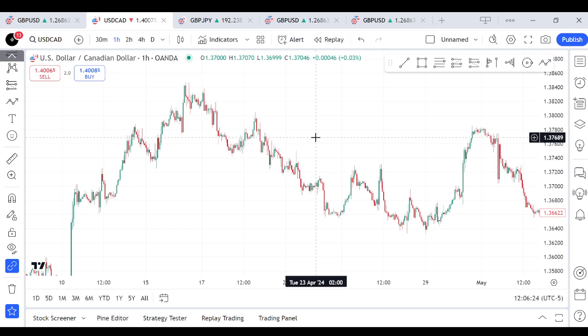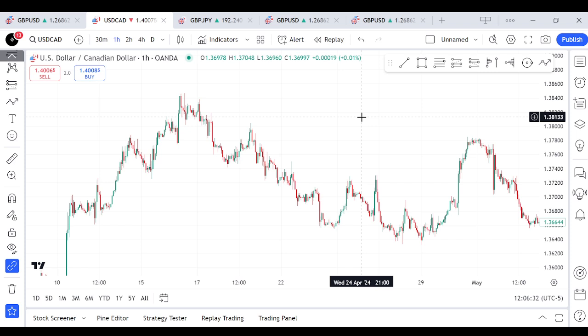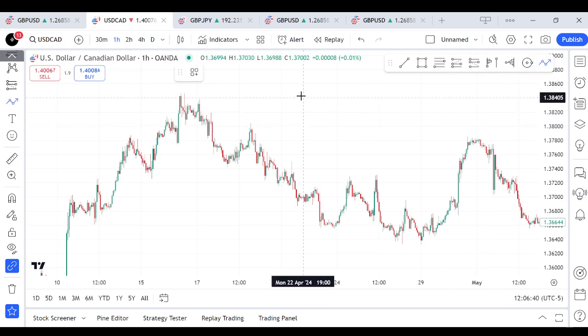First of all, the drop base drop pattern consists of three distinctive movements in price action: an initial sharp decline followed by a brief pause or consolidation, and finally another strong move to the downside. Let me just use the pen tool to show you what it looks like.